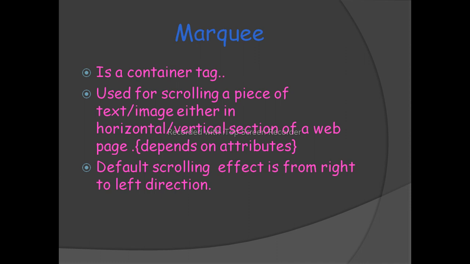Now we come to a very interesting thing, marquee. The marquee tag is a container tag used for scrolling a piece of text or image, either horizontally or vertically, in a section of the web page. It depends on the attributes. The default scrolling effect is from right to left.